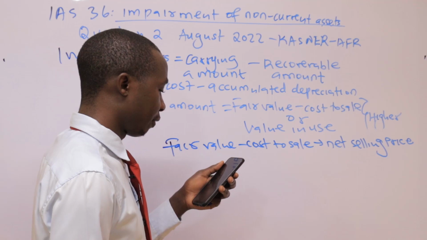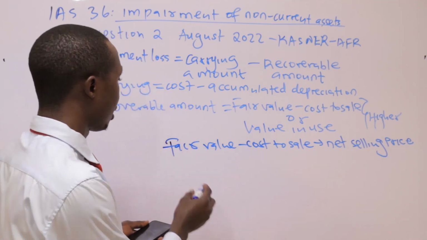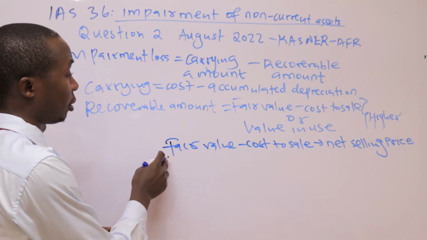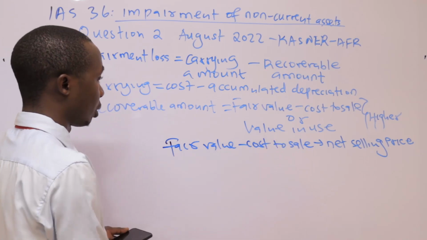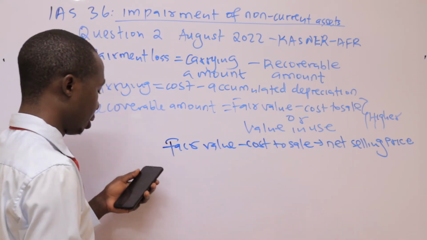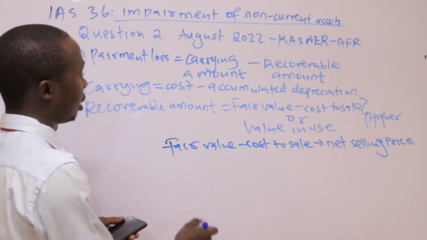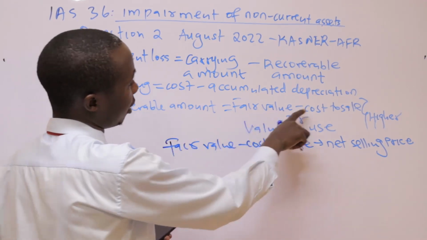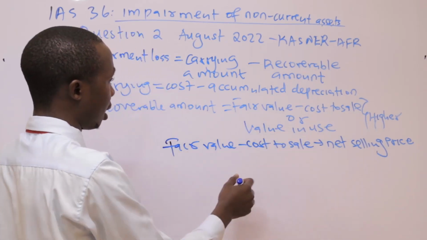Remember that fair value less cost to sell is the value at which an asset can be disposed of after deducting disposal cost, which is the same as the net selling price provided in the question. So the recoverable amount is the fair value less cost to sell, which is the net selling price, or value in use, whichever is higher.